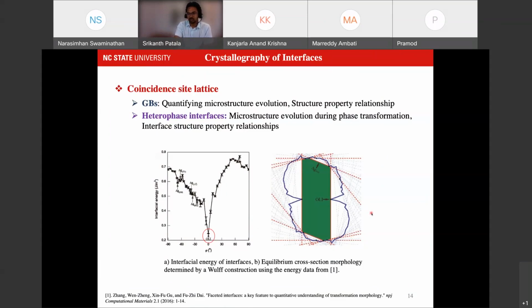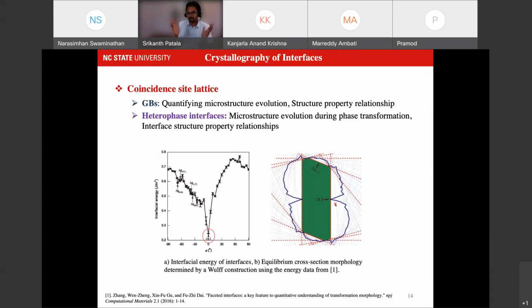And also for what I call heterophase interfaces, where there is a certain orientation relationship between the precipitate and a matrix that's of interest. These orientation relationships lead to low energy interfaces. But again, a priori, we're not sure what these low energy orientations are unless we have some experimental results to guide what that specific orientation relationship should be.